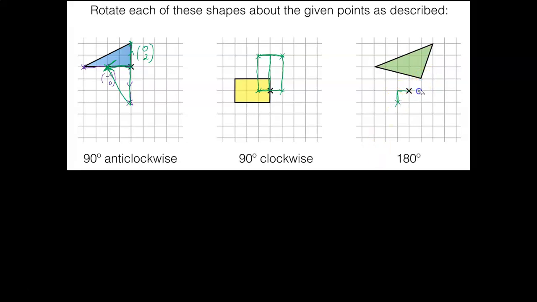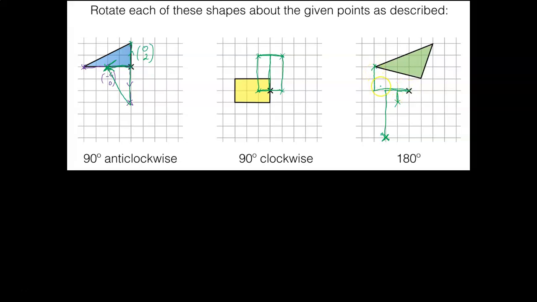I'm going to rub this out so it doesn't get too messy. Let's do this vertex next. That's 2, 4. So when I rotate that 180 degrees, that gives me -2, -4. That's my second vertex. And finally, this one over here, I get -3, 2.